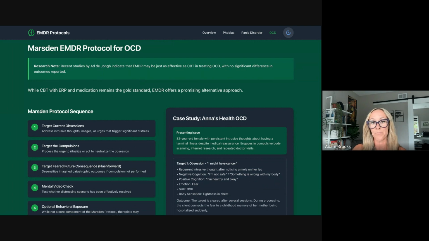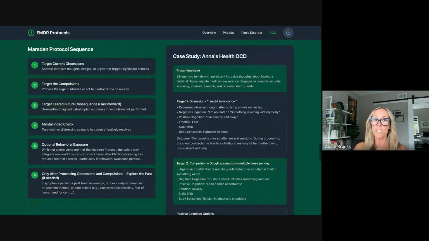So that's my experience of it. So the Marsden Protocol sequence is you're going to target all the current obsessions, addressing any intrusive thoughts, images, or urges that trigger significant distress. Then you're moving on to target the compulsions, processing the urge to ritualize or act to neutralize the obsession.